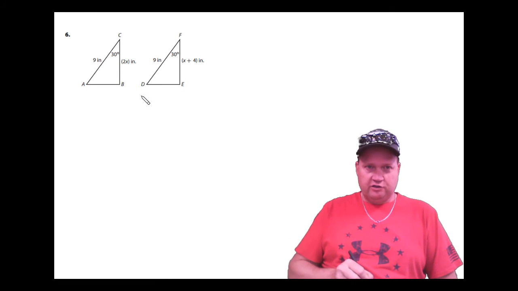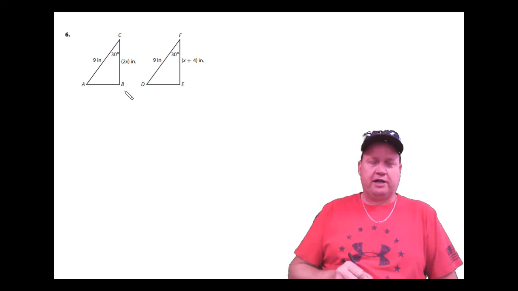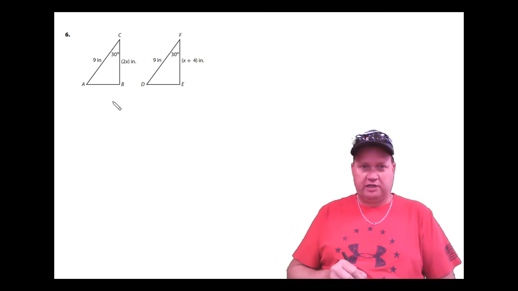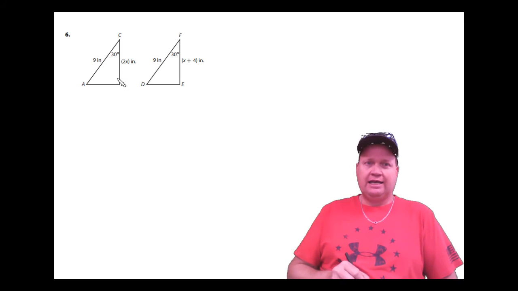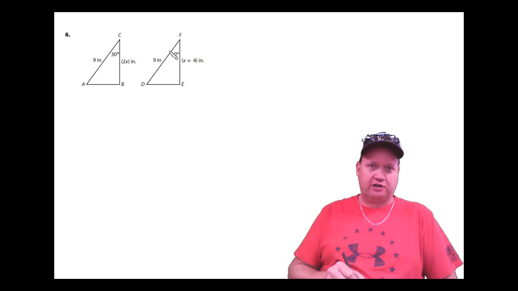I don't want to go so far as to solve this problem for you, but I do want to help you set it up. There's a couple of problems, and you're going to see a few more of these as we go into Module 20. And that is to find the value of x that would make both of these triangles congruent, or to find the value of a variable. Let's take a look at what we see. What we see right now is that I've got a 30-degree angle in both places. So in side, angle, side, there's my A, and I notice that I have 9 inches and 9 inches.